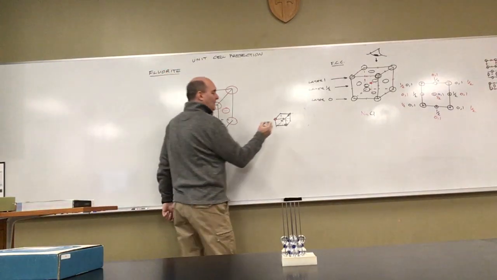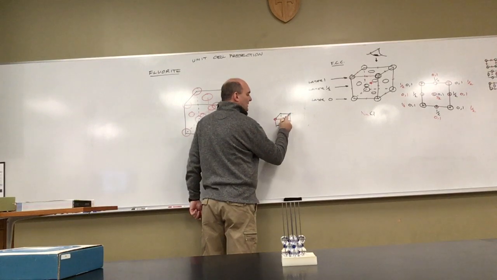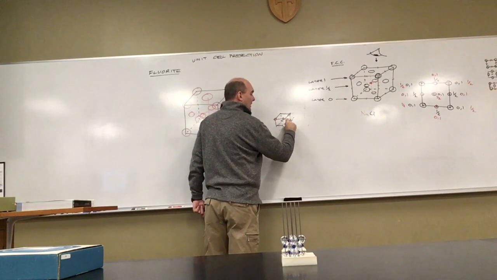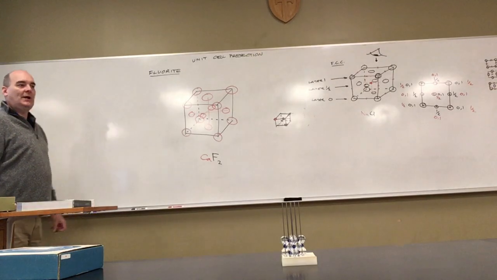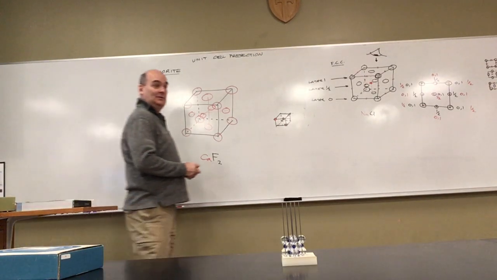Tell me what it is that you can see about the geometry of the black dot there that is representing our fluoride. It's tetrahedral.